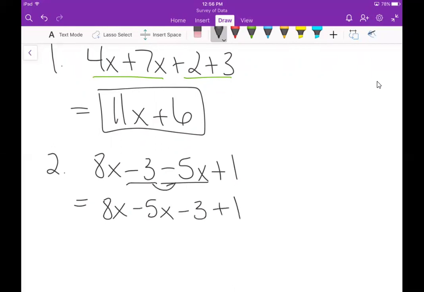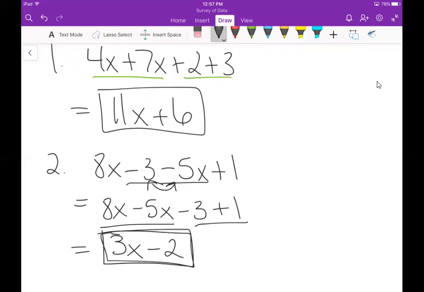So we switched this order around, but we made sure we kept track of the signs. And now we can say, okay, I can combine like terms again. I can take 8 minus 5 to get 3x, and I can take negative 3 plus 1 to get negative 2, and have a simplified version of my original expression, which was much longer and more complicated.